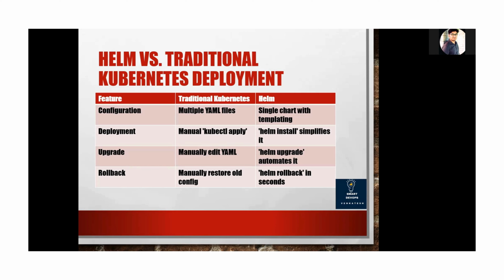Here I have explained the main differences between traditional Kubernetes and Helm. As I said, on the deployment side you need to apply each file, but in Helm, one command will take care of everything. The same goes for upgrades and rollbacks: a single command can take care of them also.